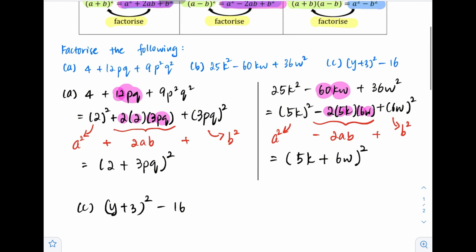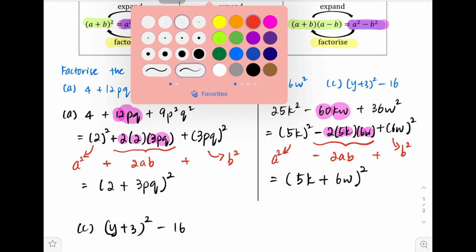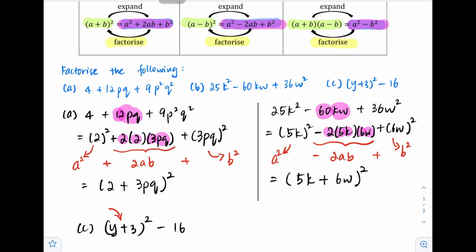Now, if we were to look very carefully and we do some comparison, we will see that this is similar in structure to a squared minus b squared. Where is the a? It is actually y plus 3, right? This is our a squared. And then, how about our b?